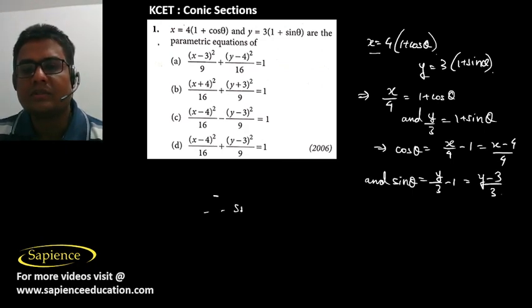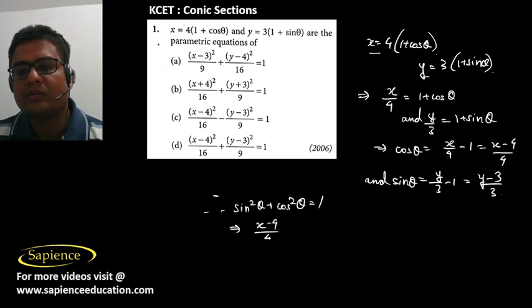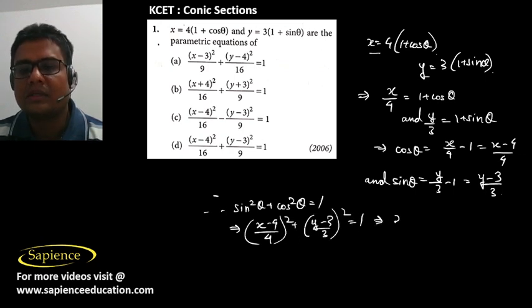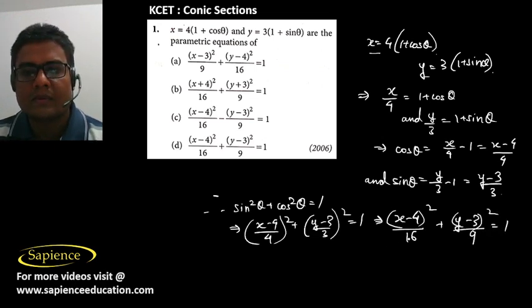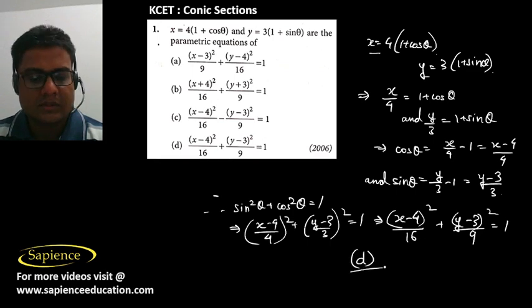Now we know that sine square theta plus cos square theta is equal to 1. So we can write (x minus 4 by 4) whole square plus (y minus 3 by 3) whole square is equal to 1. So (x minus 4) whole square by 16 plus (y minus 3) whole square by 9 is equal to 1. So option D is the correct answer.